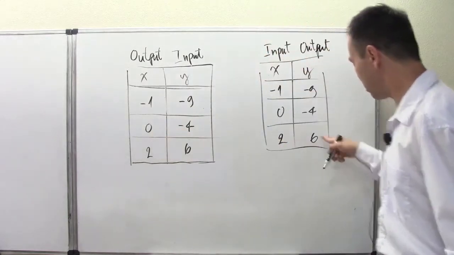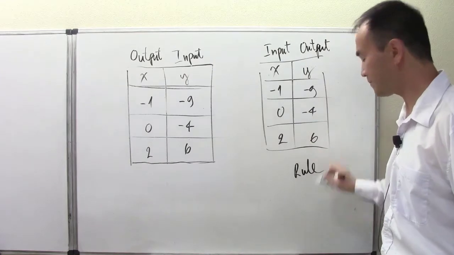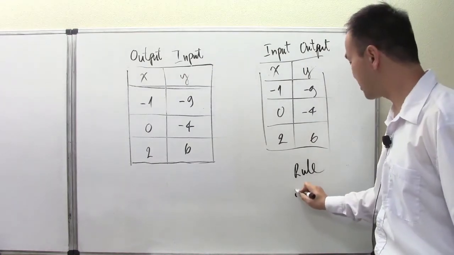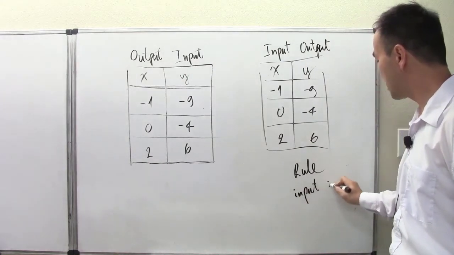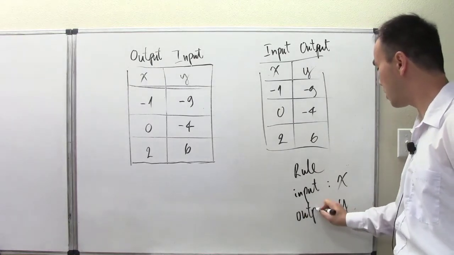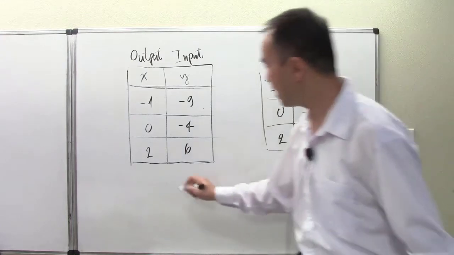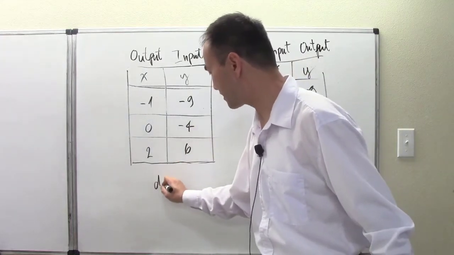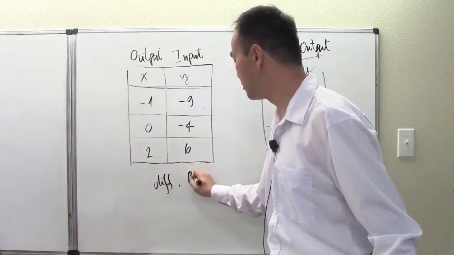Before, this was a rule where the input was x and the output was y. But now it's a different rule.